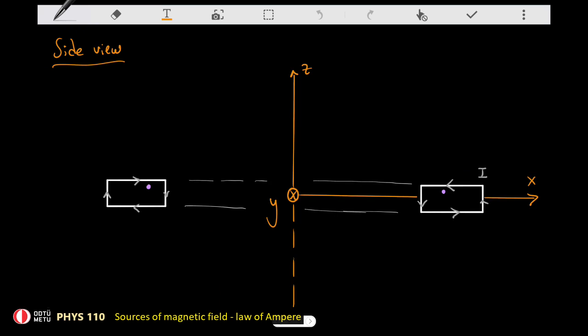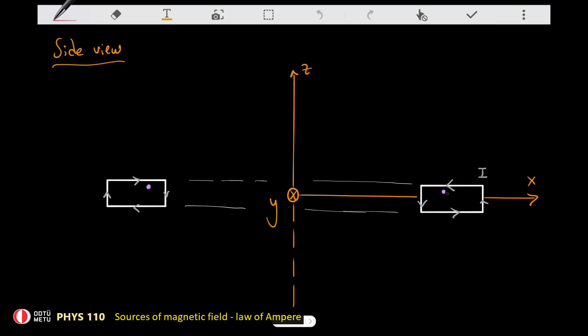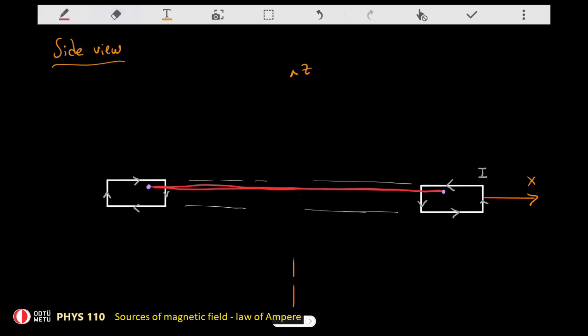So here, for example, the Amperian loop is a circle, so the enclosed surface is a disk. This red color shows the disk. Let me also erase these axes, which have these unfortunate colors.